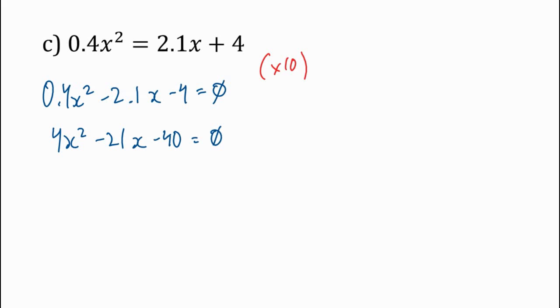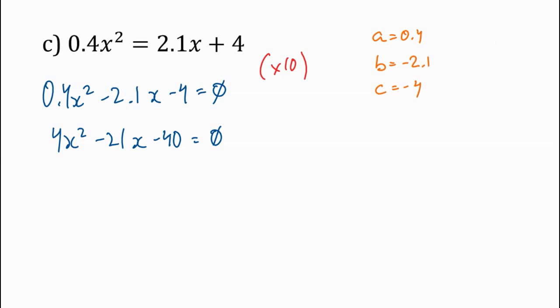Now, you don't have to do this. It's kind of up to you. It depends on the circumstance. In some cases, it might be useful. In some cases, it might be a waste of time. Because I could do two things. I could have just said A was 0.4, B was negative 2.1, and C was negative 4.